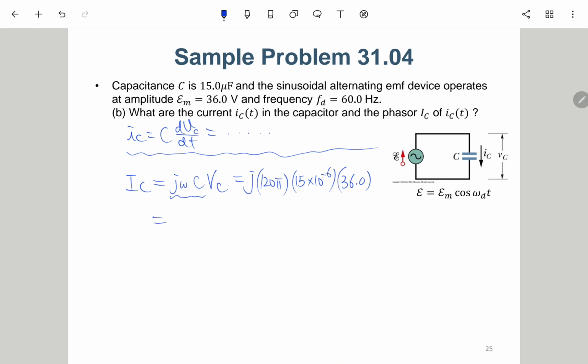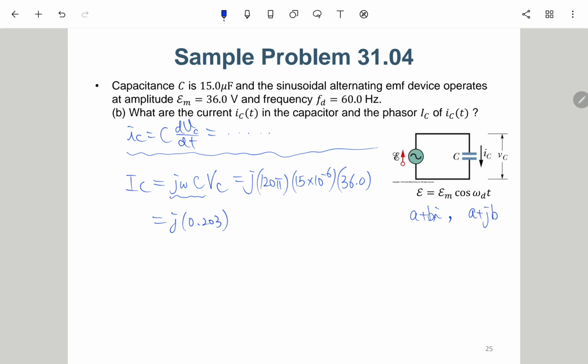So it turns out to be j times 0.203. Of course you are familiar with writing a complex number like a plus bi, but I think all the electrical engineering textbooks like to write it as a plus jb.